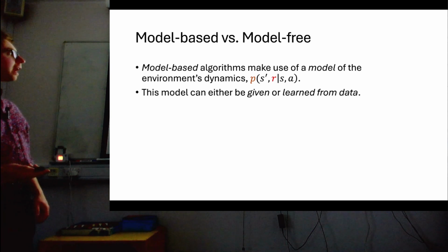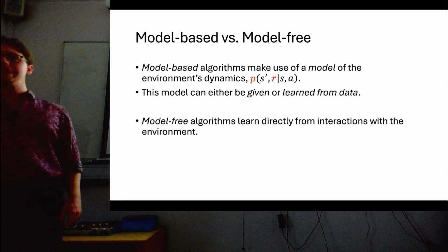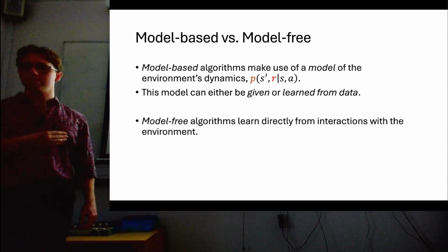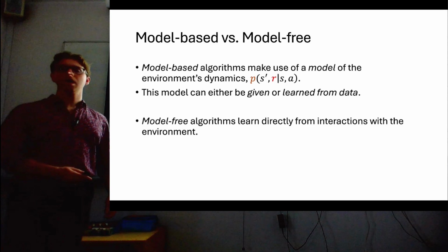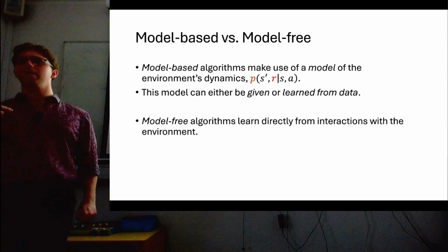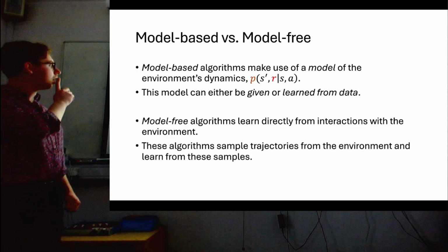A model-free algorithm learns directly from interactions without needing to learn the dynamics themselves. You just run it against the environment, and it learns from that. You don't need to go via learning dynamics.